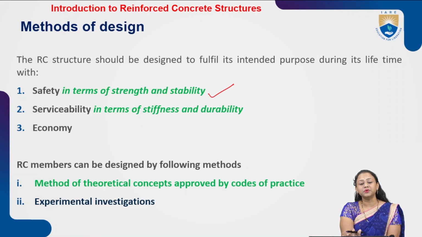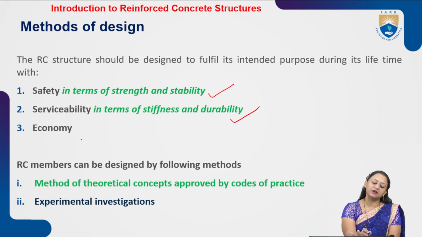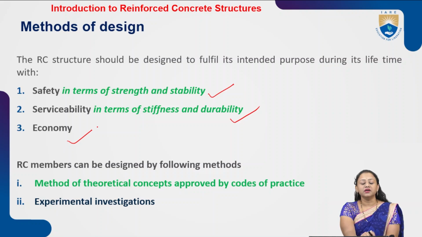When we say stable, that means it should not cause a lot of deflections or any kind of displacement when it is under service. Serviceability in terms of stiffness and durability. That means the structure should have adequate stiffness and it should be durable. And the last requirement is that the structure should have enough economy.